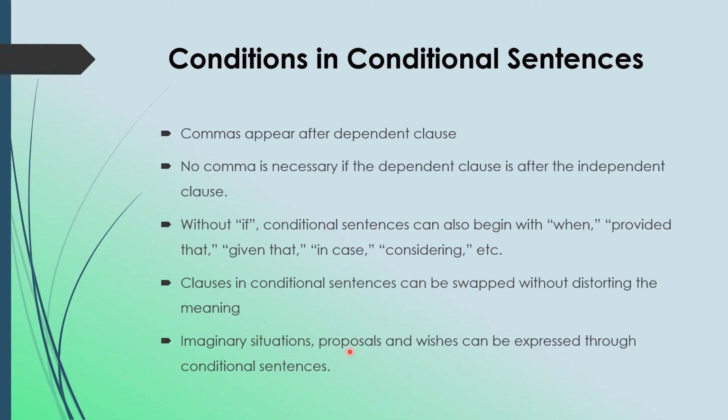Imaginary situations, proposals, and wishes can be expressed through conditional sentences. We are talking about lots of functions in there, but these three are the very basic functions of conditional sentences. So you can say imaginary situations, you can say proposals, you can say wishes. Okay, now let's see how far you have understood in this point.